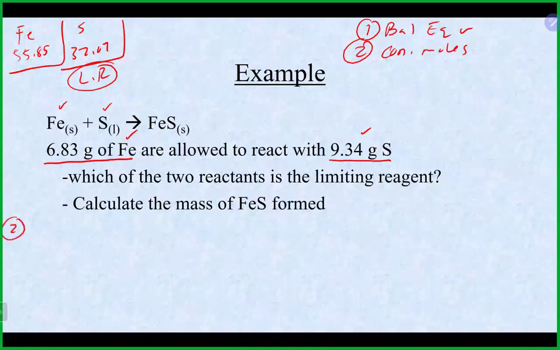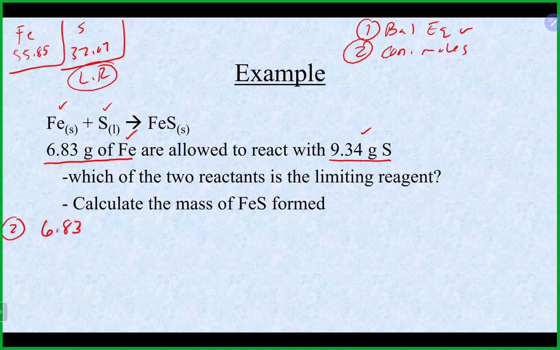So we're going to take our 6.83 grams of iron. We're going to go to the periodic table, use the molar mass of iron, 55.85 grams per mole. And that is going to give me 6.83 divided by 55.85, 0.1223 moles of iron.